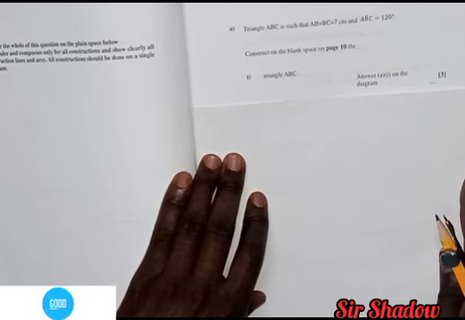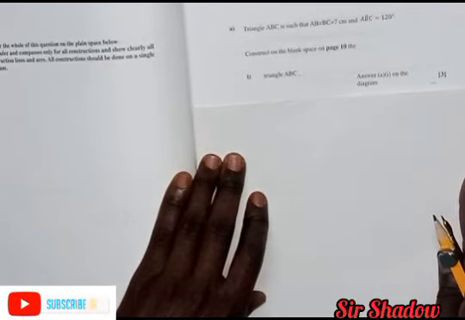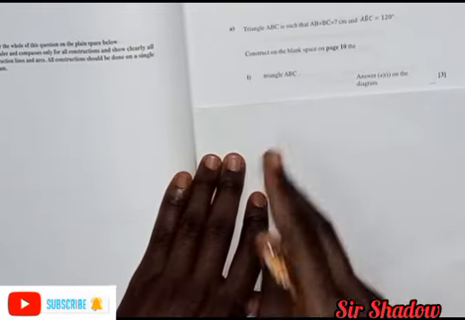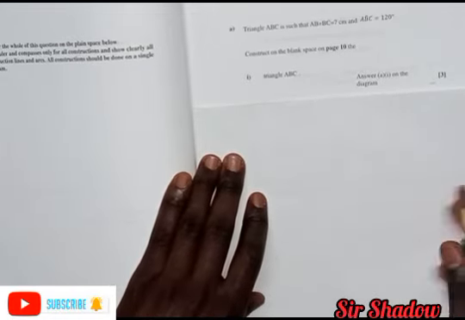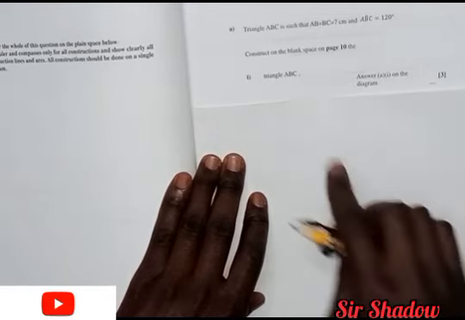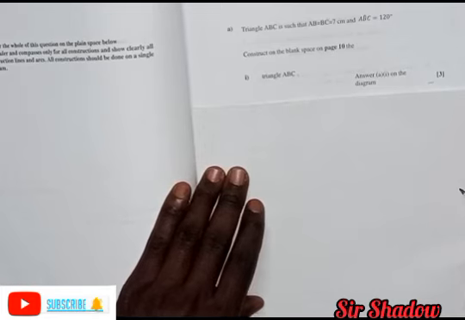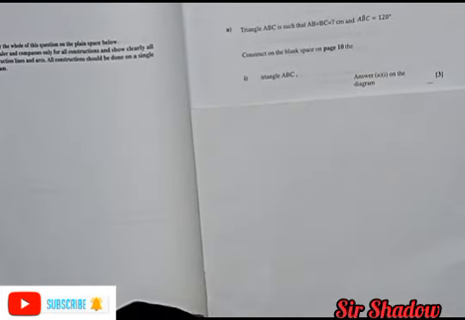The question says triangle ABC. Already this triangle ABC is unknown since it's not displayed. We want to display it by the method of construction. Triangle ABC is such that AB equals BC equals 7, which means the length AB and length BC are equal, each 7 centimeters.